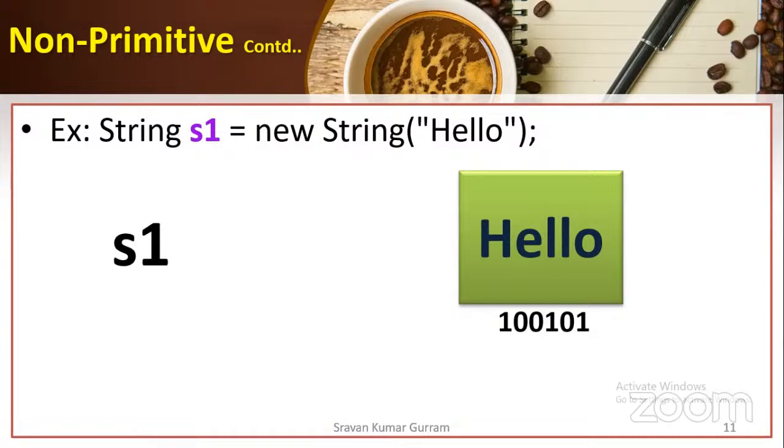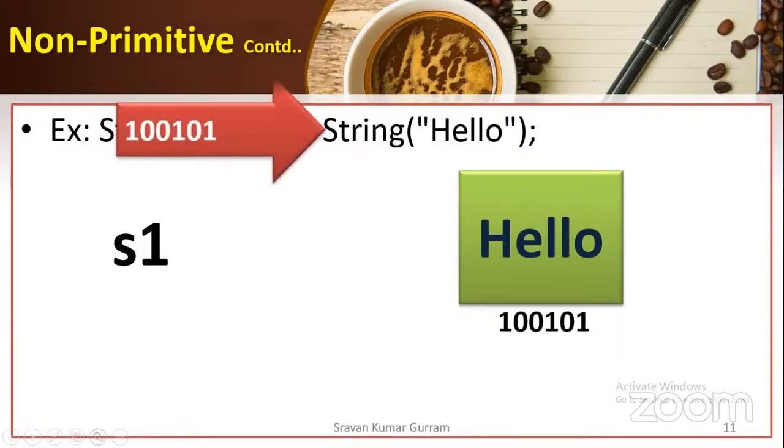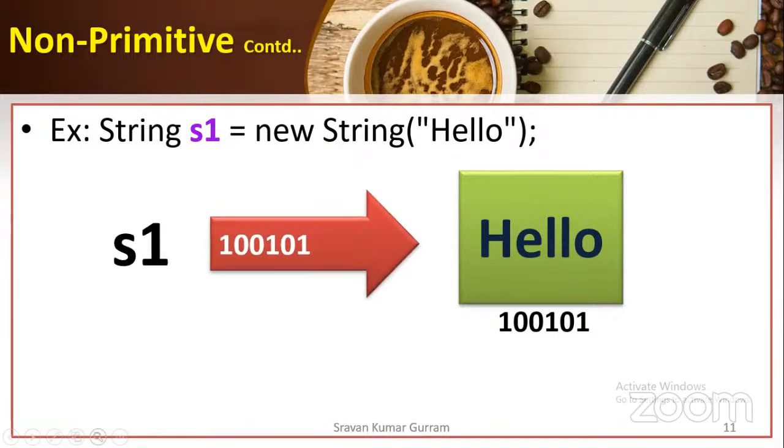But here within S1, the string hello is not available because this is a non-primitive type. Now see, it points to the memory location where the actual value is available. It gives the reference. That's why these are called reference types, non-primitive types.